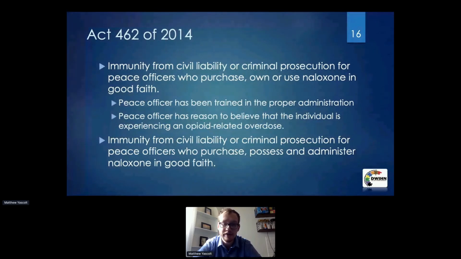So I might need to relearn how to talk, relearn how to walk, depending on what areas of my brain were affected. The person who administered the naloxone and saved my life would not be liable for those medical costs. We are all, so law enforcement protected under 462 of 2014, we're all protected under the Good Samaritan Act.